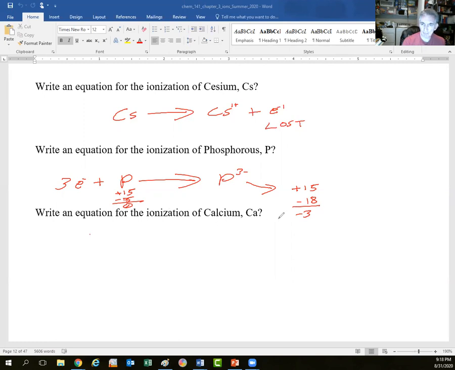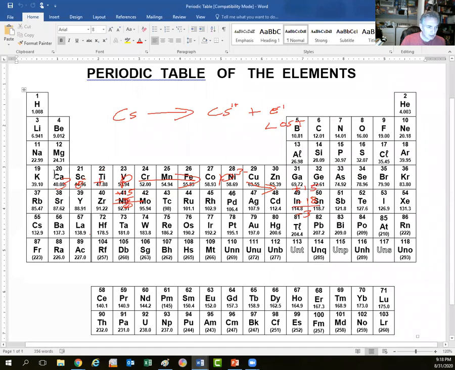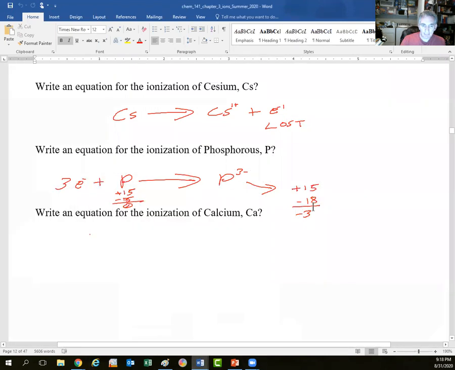And finally, calcium. That's a group 2 earth metal, as we've talked about. Let's quickly show that. There's the calcium in group 2. It's got 2 electrons in its fourth shell, and it's going to lose those electrons as it ionizes. So it's going to be a calcium 2+ ion.